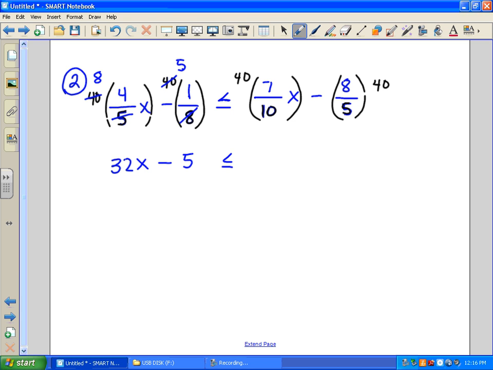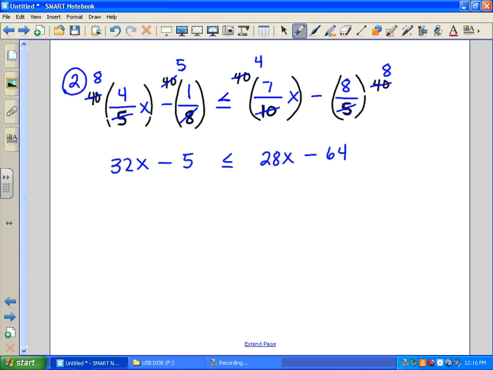Bring down the inequality sign. 10 into 40 would go 4 times. 4 times 7 is 28x. 5 into 40 would be 8. 8 times 8, -64. So that looks a whole lot better than all those fractions we had to begin with.